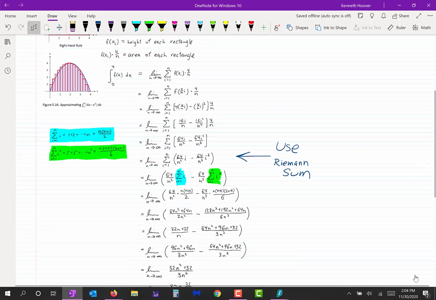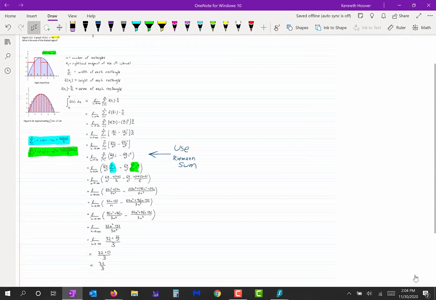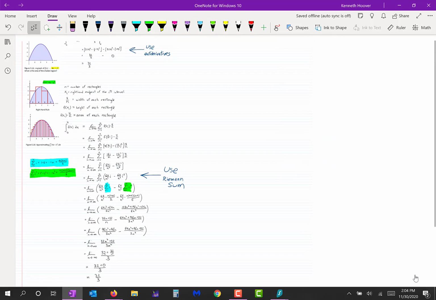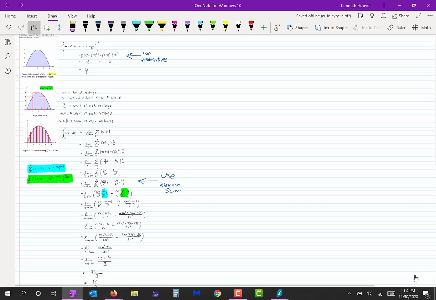Which one would you use? I hope you would use antiderivatives. Look, just compare the amount of work that's involved. So why do I even bother showing you how to use Riemann sums when nobody in their right mind would really do the problem that way?